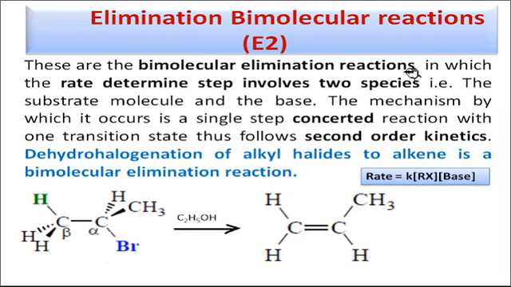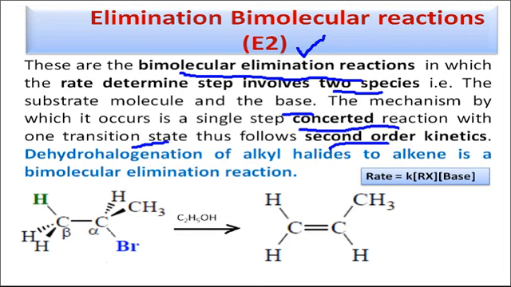Now, the second kind of reaction, that is the E2 reactions. These are the bimolecular elimination reactions in which the rate determining step involves two species, that is the substrate molecule and the base. The mechanism occurs in a single step concerted reaction with one transition state, thus following second order kinetics.